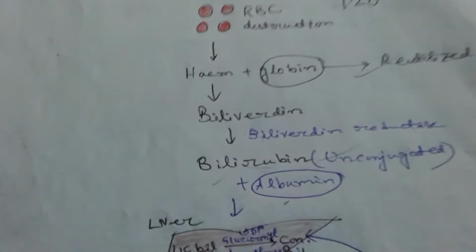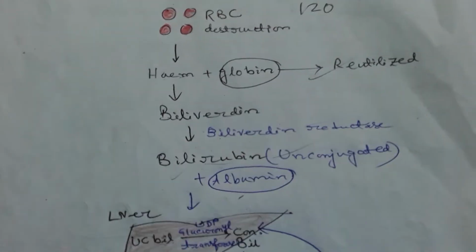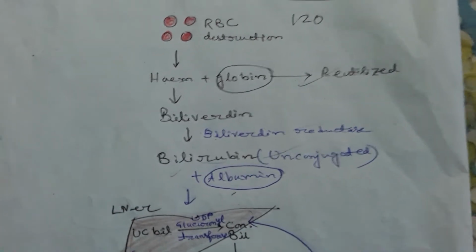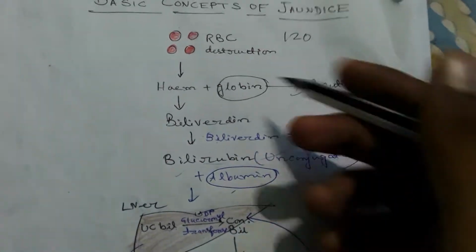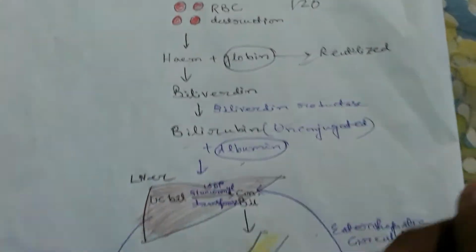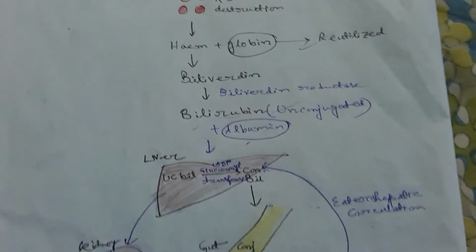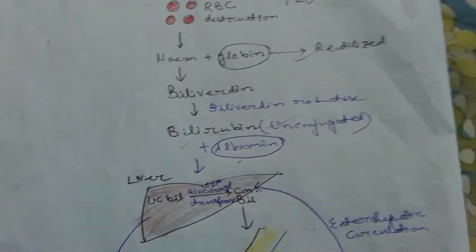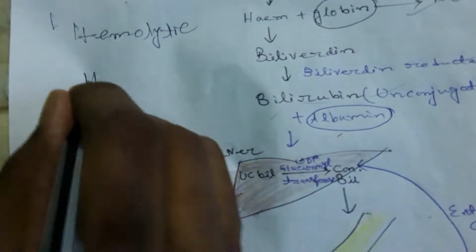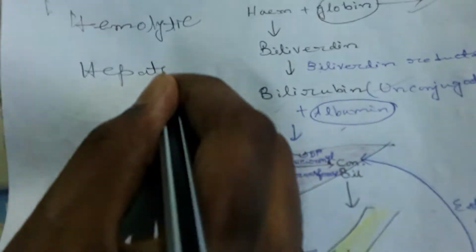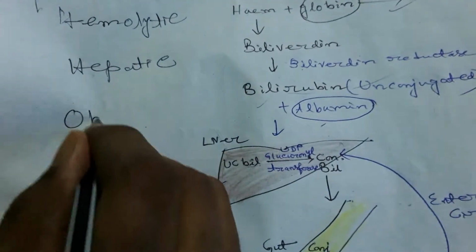Now, what is the pathogenesis? How is jaundice formed? Normally it occurs, but when it is in excess, there are three types of jaundice: hemolytic, hepatic, and obstructive.